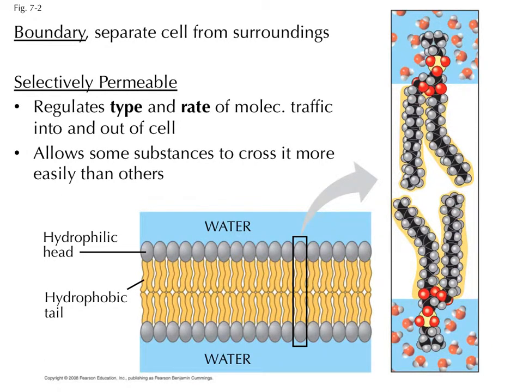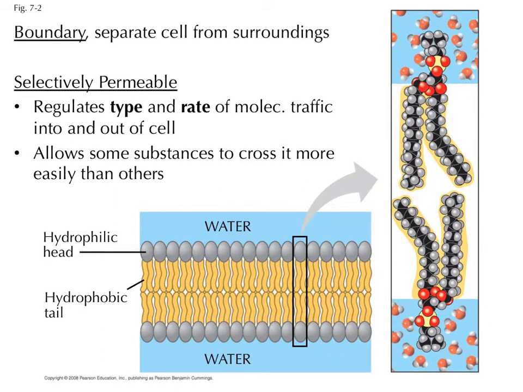Basically, the tails are excluded from the water, and so you get this core here that does not have very much water in it. It's really this core of hydrophobic tails that's going to give the cell one of its functions called selective permeability.